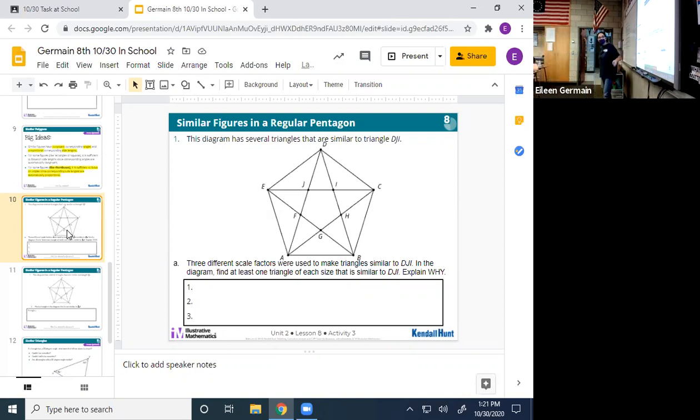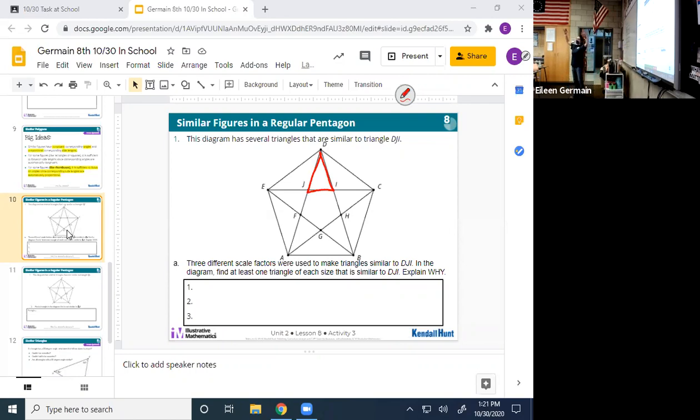Okay, so this diagram has several triangles that are similar to DJI. Let me grab my pen and let's look at triangle DJI. There are a number of triangles that are similar to DJI.